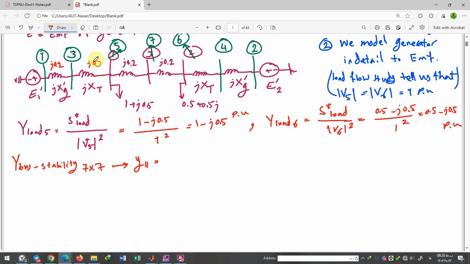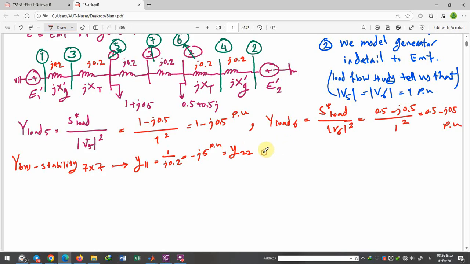So 1 over j0.2 is equal to minus j5 per unit. It is equal to Y22.